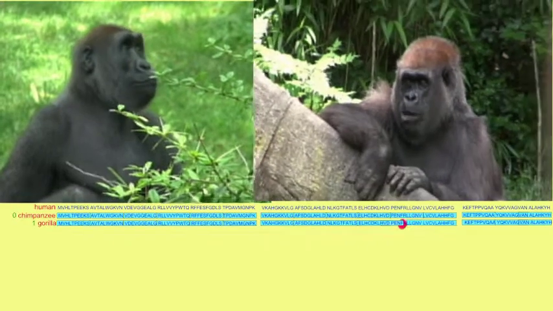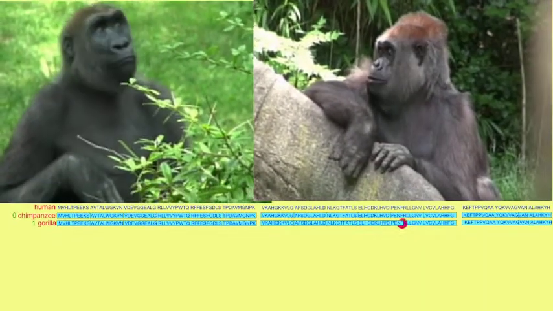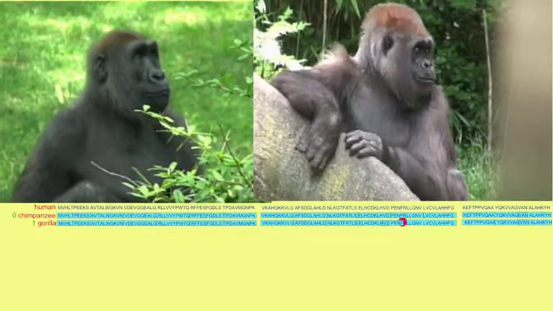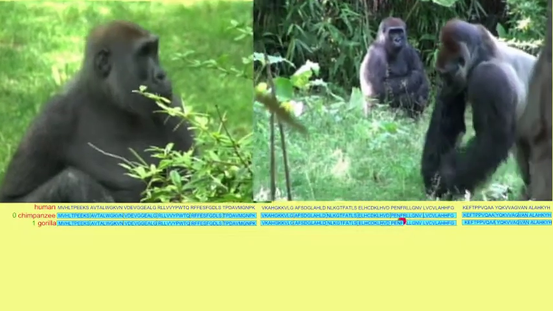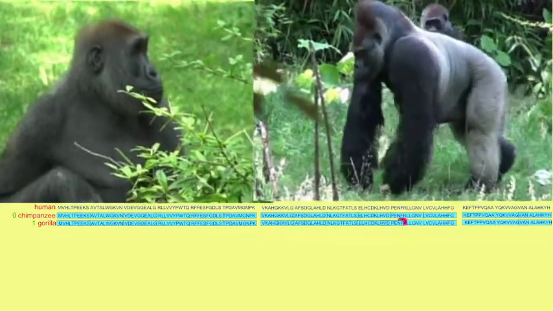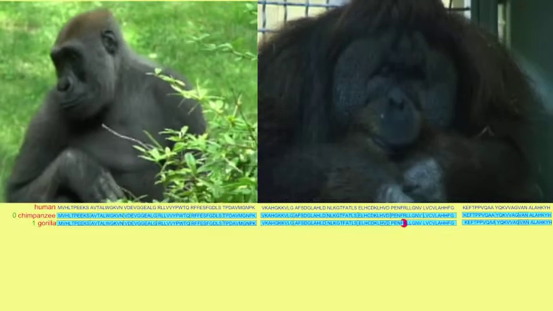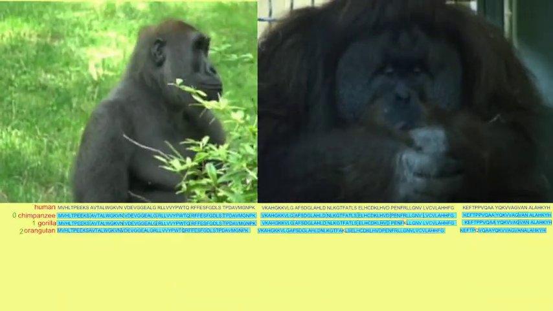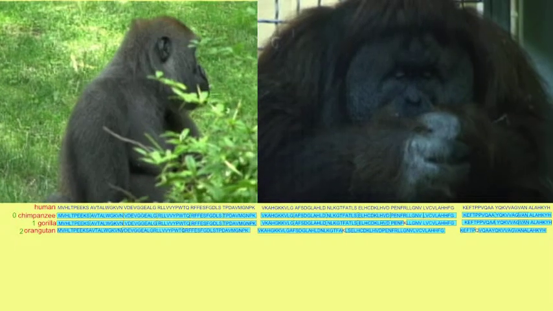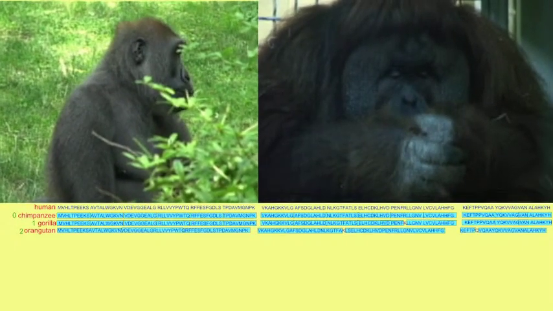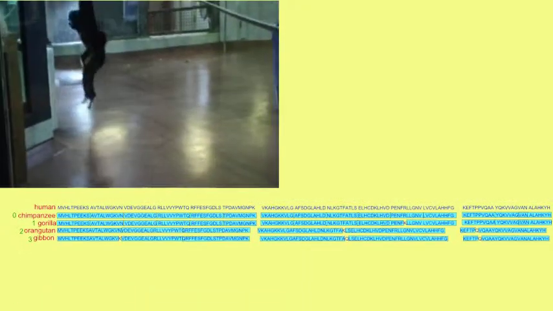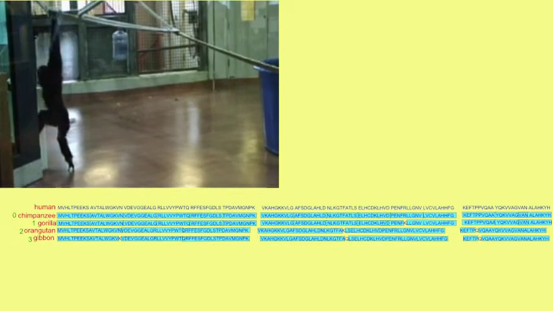Gorillas are also highly similar to that of humans and chimps, but there is one position where there is a difference, where the amino acid found in gorillas is different from that found in humans and chimps. Orangutans possess beta hemoglobin, but there are two differences from the human chain. Gibbons possess three differences from the human beta hemoglobin chain.